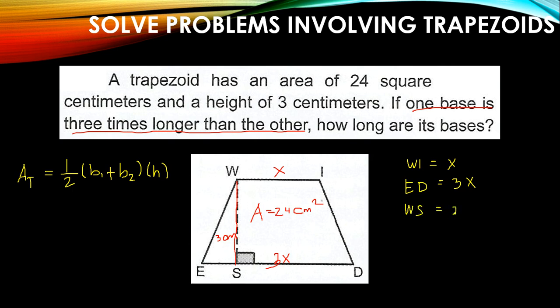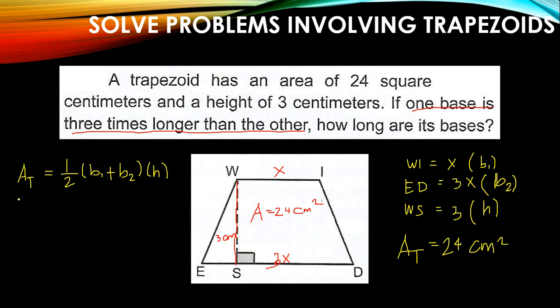Then the area, or A sub B, is 24 square centimeters.